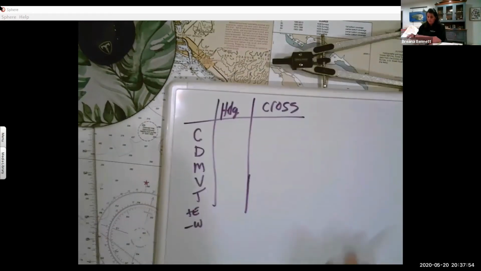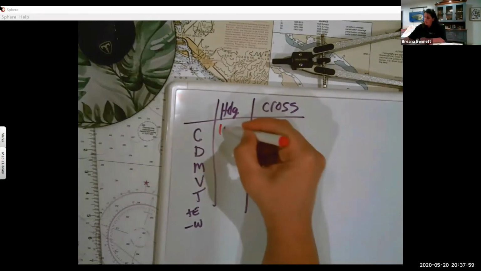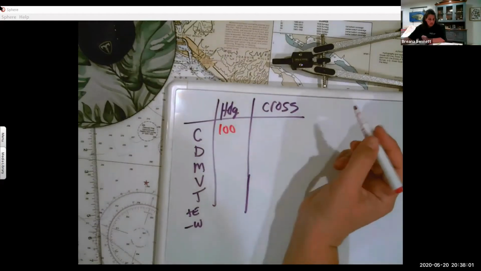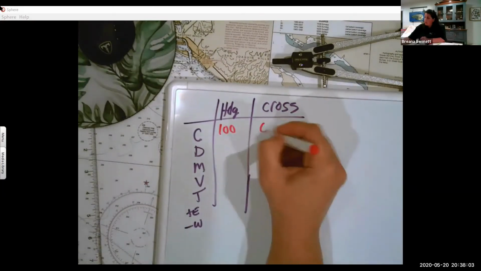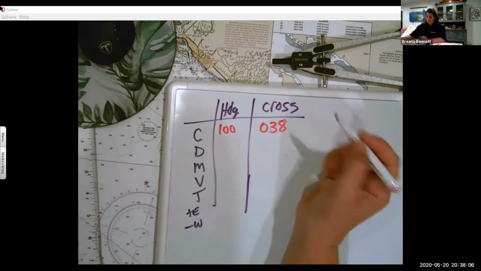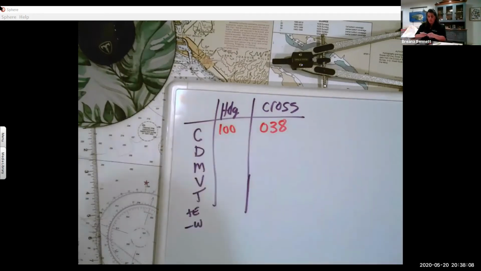Our heading, we changed to 100. And our cross was bearing 038. So our heading was 100, so we go to the deviation table.